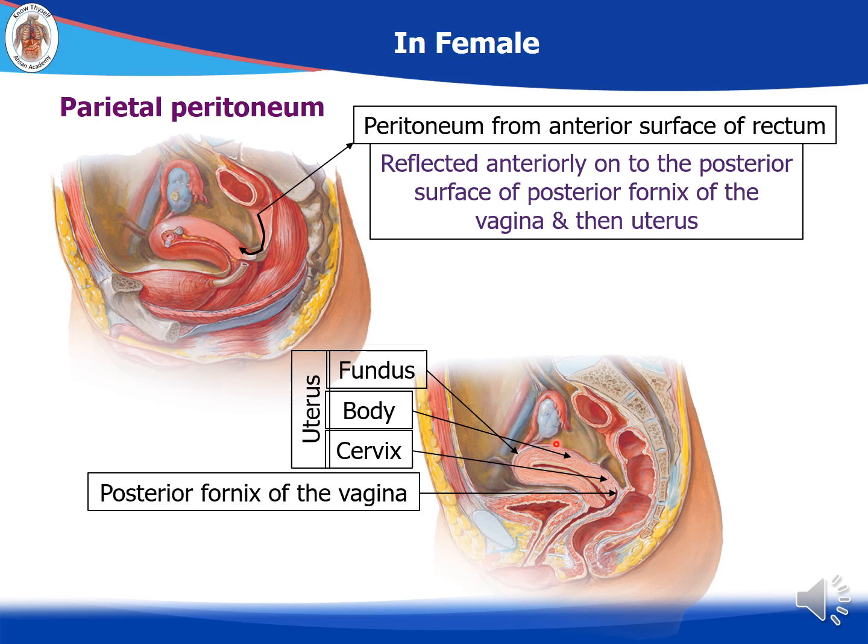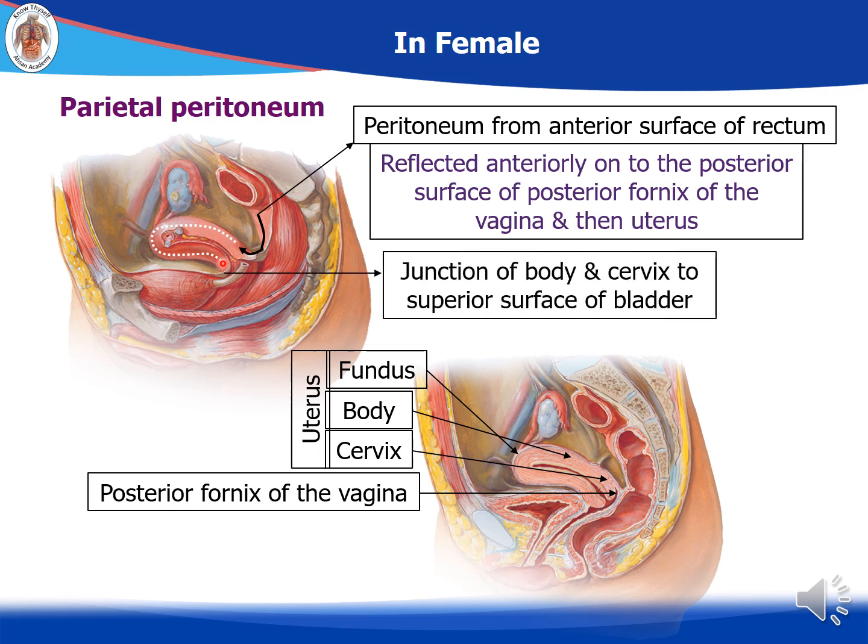All will be covered, and this fold will go to the anterior surface, cover the body, then the body and cervix junction. From there the peritoneum goes to the bladder. Now you can see there is one pouch behind the uterus, one pouch between the uterus and the bladder. So this is the way it covers the whole uterus and goes to the bladder.